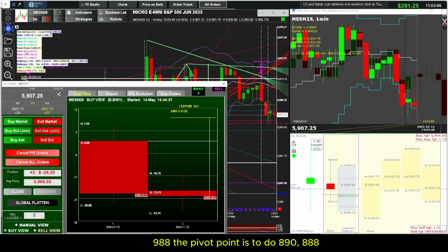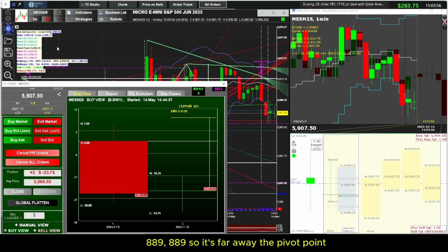The pivot point is 890, 889. So it's far away. It's a strong support that's not in the near future, so we don't have to bother about this.